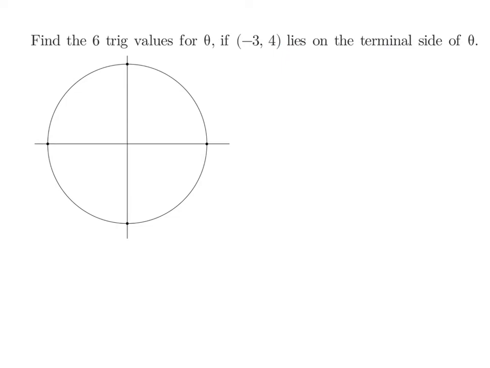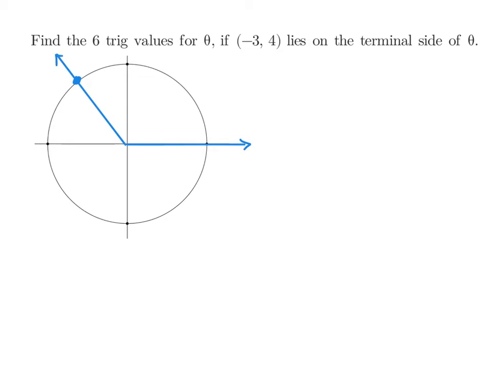So let's try it again, finding the 6 trig values for theta if negative 3, 4 lies on the terminal side of theta. So negative 3, 4 would be about right here. So our angle theta has its initial side, and its terminal side would go through the point right here.